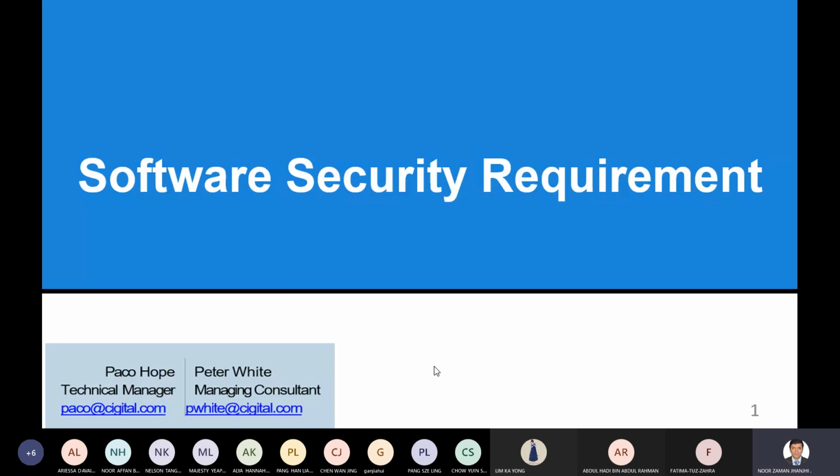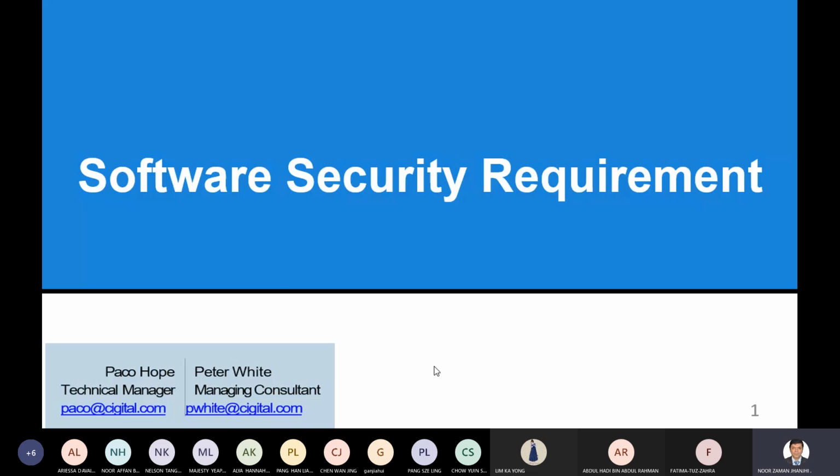We're trying to come up with the most industry cases and real scenarios, as you can understand their important value. So today we will be discussing software security requirements.